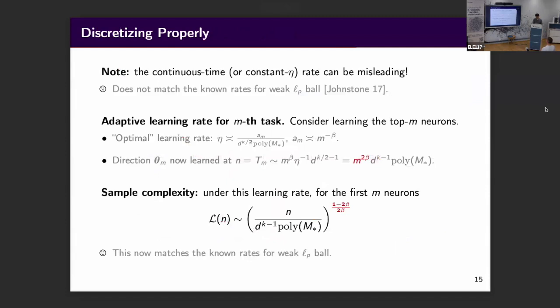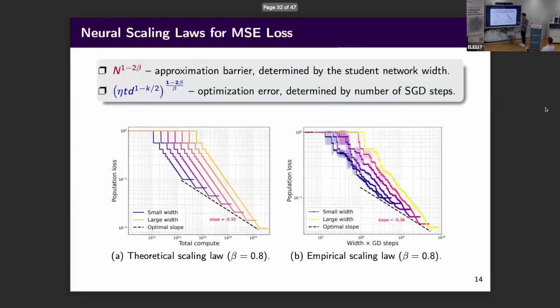Okay, and I guess in the interest of time, I'll skip. So there's some caveat in the learning rate selection, which is kind of intuitive, because as I go further down the scaling curve, I need to be able to resolve the smaller teacher directions, which means that I need to take a smaller learning rate for this martingale analysis to work.